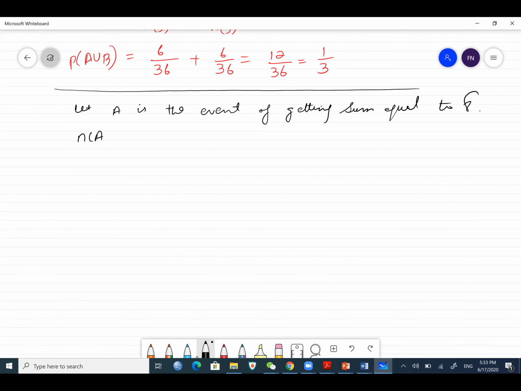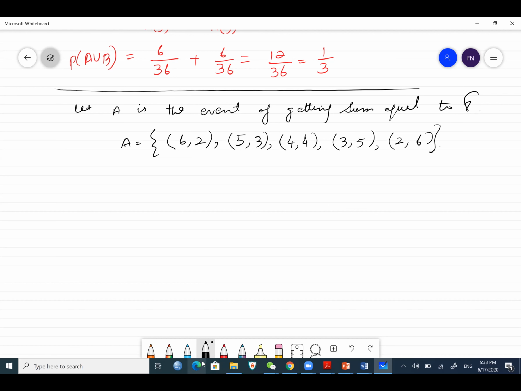First we write this set A. If we get 6 on the first die, then 2 should be on the second. If we get 5 on the first, 3 on the second, 4 on the first and 4 on the second, 3 on the first, 5 on the second, and 2 on the first, 6 on the second. That is set A.